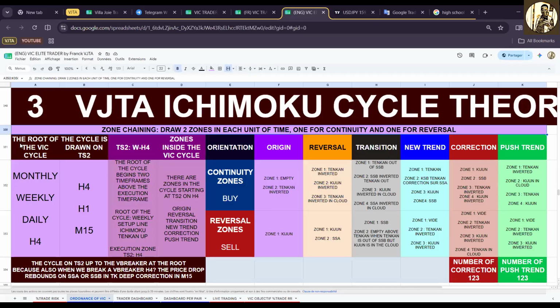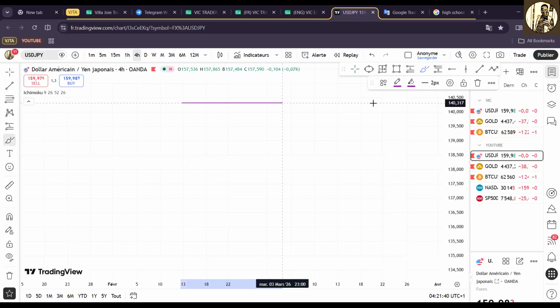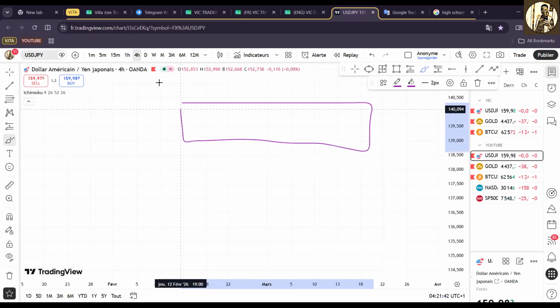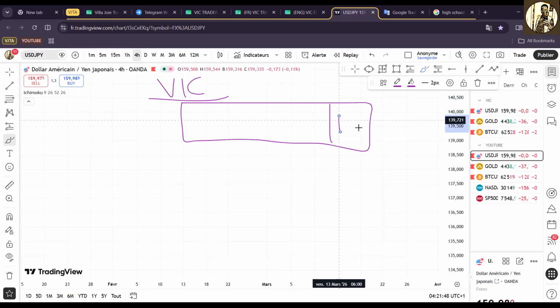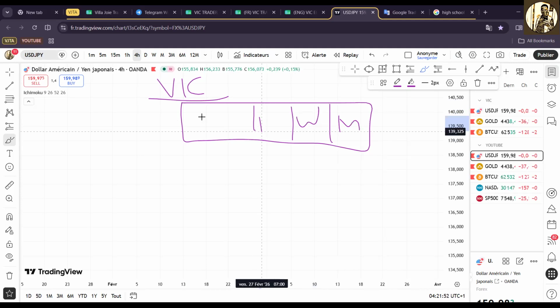First of all, we need to know the root of the Vjta Ichimoku cycle. What I call the root is, you need to understand that the Vjta Ichimoku cycle has two elements. First of all, the root time frames: the monthly time frame, the weekly time frame, the daily time frame, and the H4 time frame.